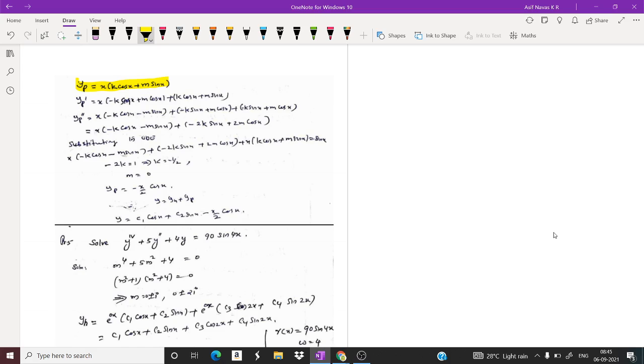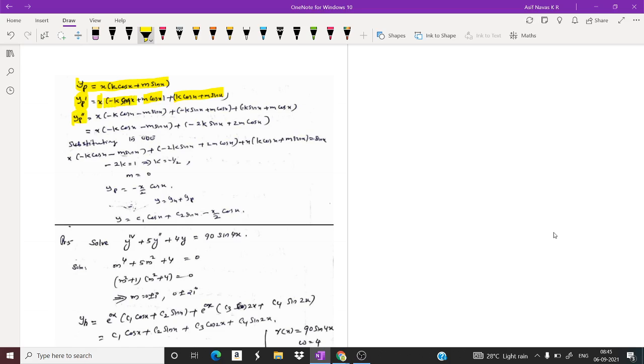Now we will find yp dash, the derivative of this: x into the derivative of k cos x plus m sin x, that is minus k sin x plus m cos x, plus the derivative of x, 1, into k cos x plus m sin x. Similarly, we will find yp double dash.